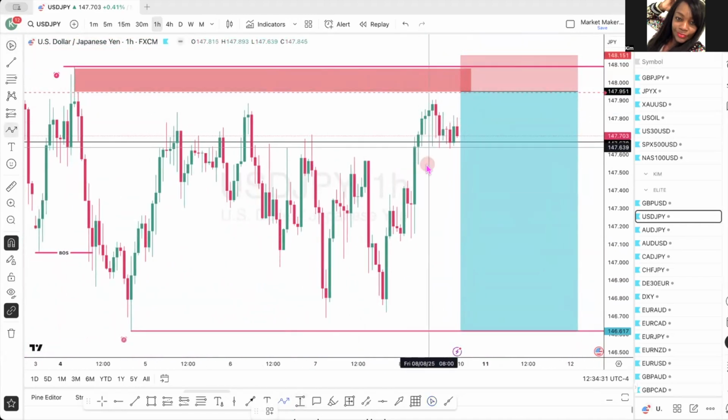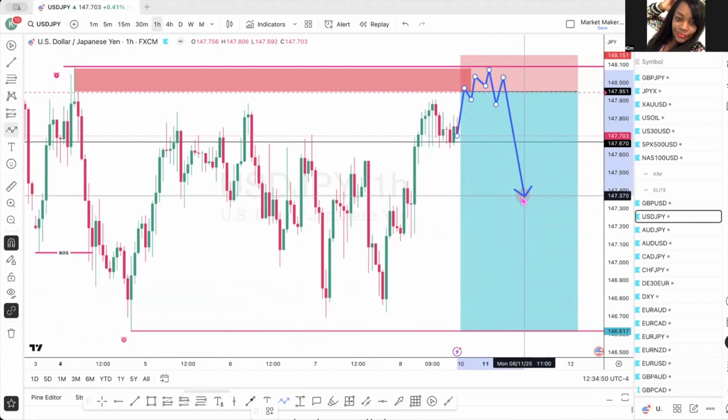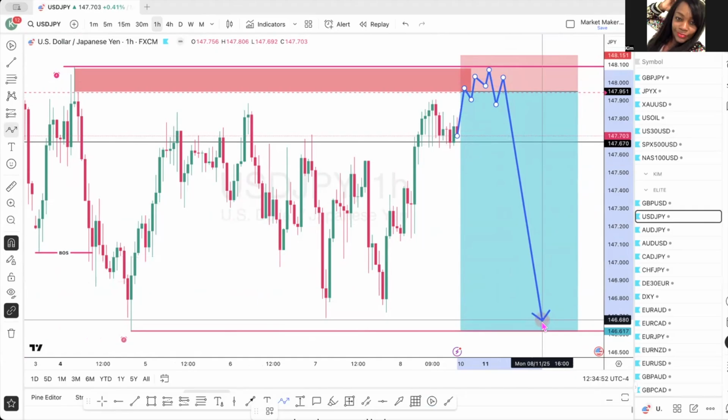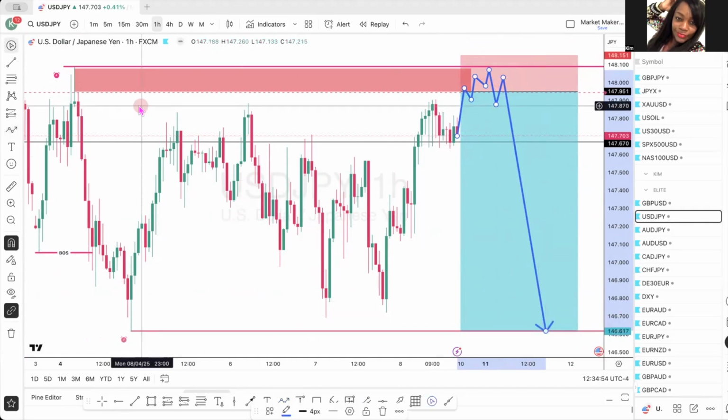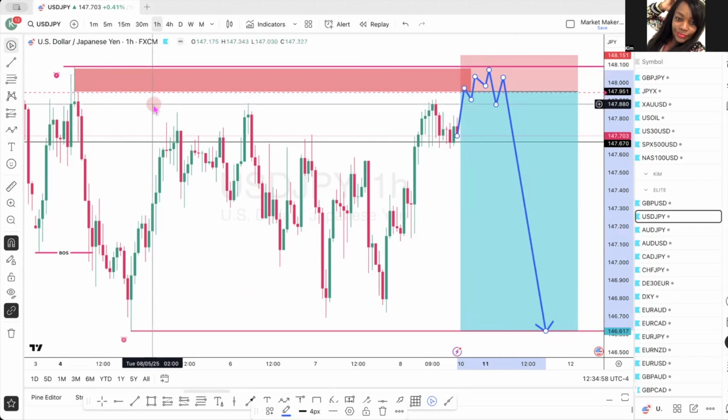So I want it to come up here, show me some kind of structure, and then a shift. And once I see that shift, I will set the limit to then start selling back down to here, as long as it does not close above this high.